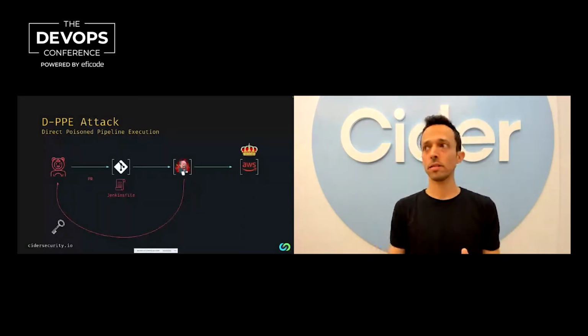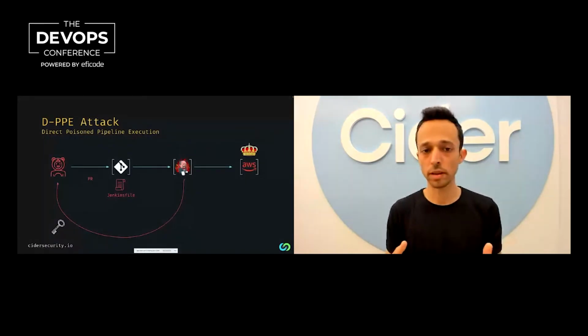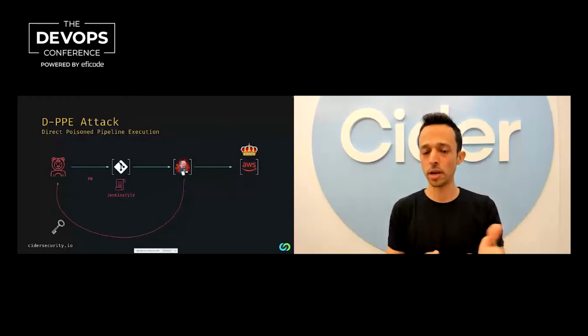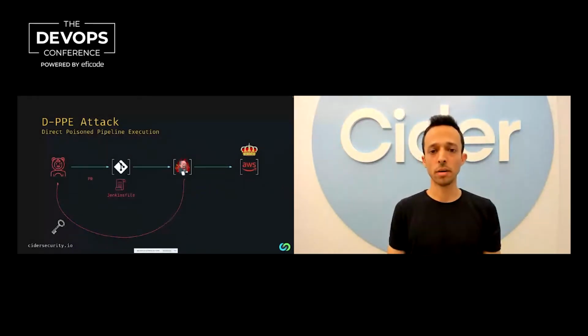Now, you might think that in order to execute a direct PPE attack, the attackers need to obtain access to a developer account. And if attackers already gain access to a developer's account, there are many other attack vectors to execute, like moving laterally in the network, accessing production directly, or other actions.